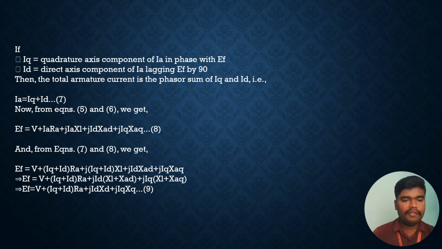That is EF equal to V plus (IQ plus ID) RA plus jID (XL plus XAD) plus jIQ (XL plus XAQ). And the ninth equation is EF equal to V plus (IQ plus ID) RA plus jID XD plus jIQ XQ.